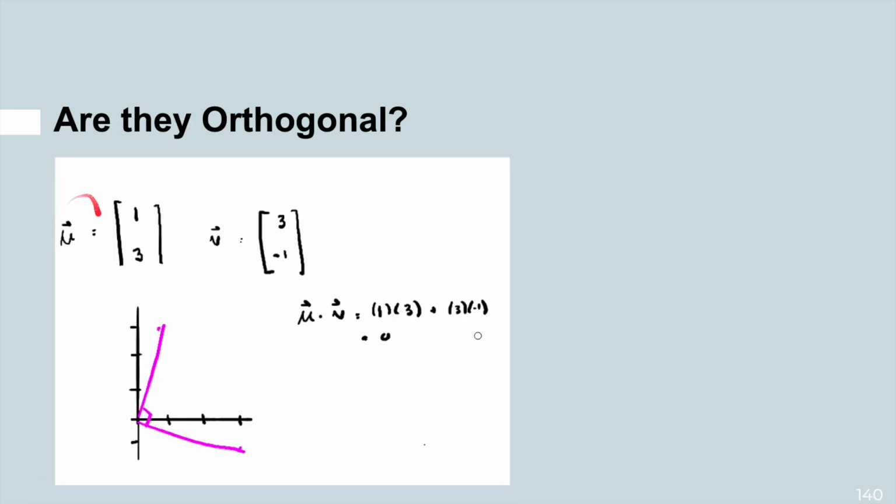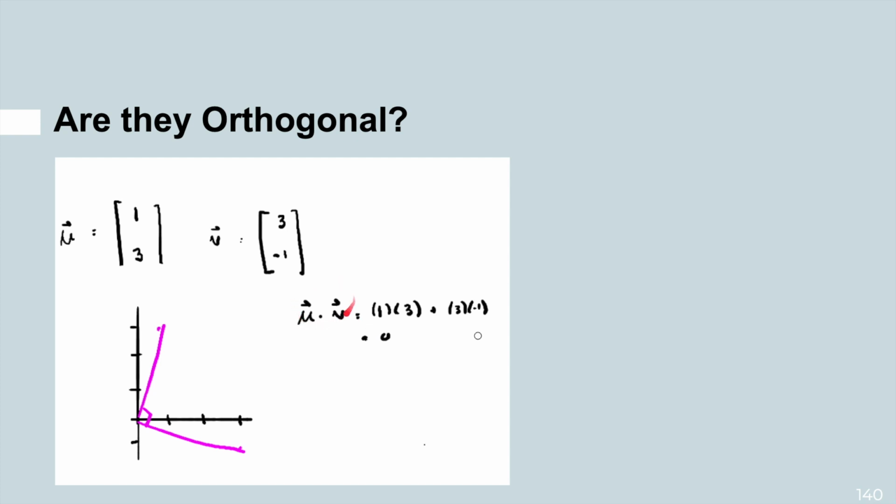So let's see, we have vector u is equal to (1, 3), and vector v is equal to (3, -1). And we have u dot v, so we take the dot product of these two, if you remember how to do that. Take 1 times 3 plus 3 times negative 1. 1 times 3 is 3, plus negative 3 is 0.